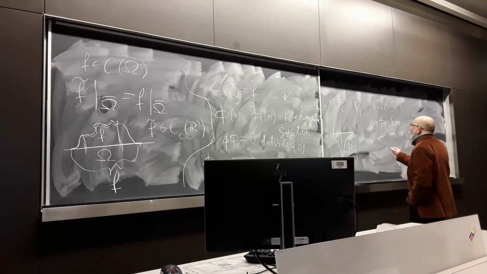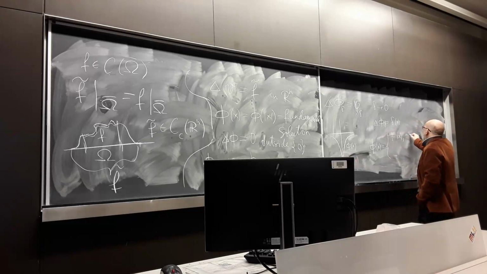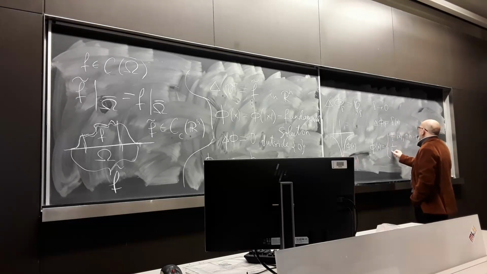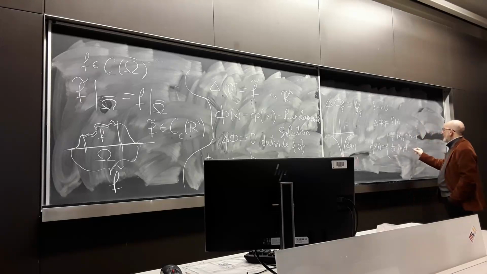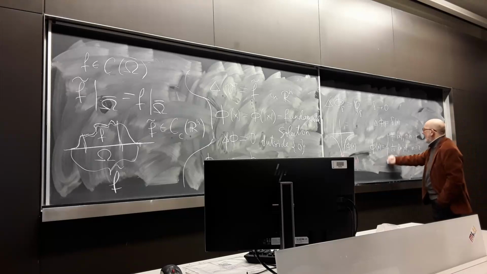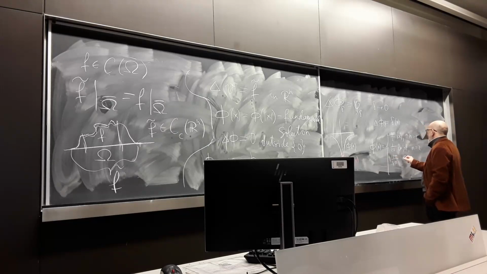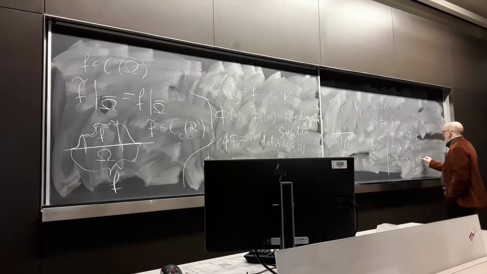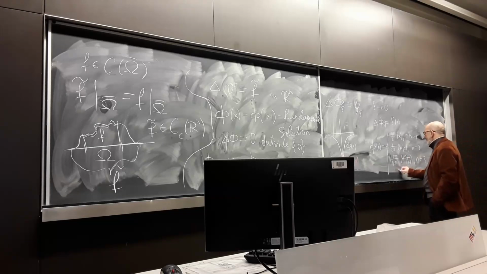And then, let me recall to you that phi of x equals 1/2 module x if n equals 1, 1/(2 pi) logarithm module x if n equals 2, 1/(4 pi) times (1 minus 1/module x) if n equals 3, and so on.